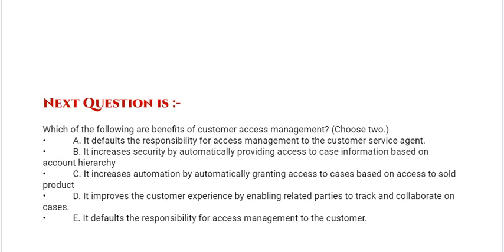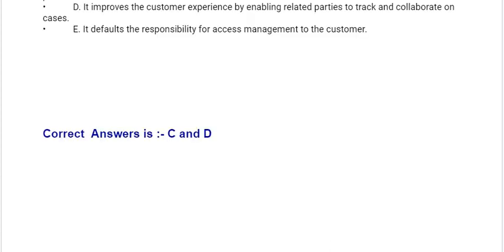Option C, it increases automation by automatically granting access to cases based on access to sold product. Option D, it improves the customer experience by enabling related parties to track and collaborate on cases. Option E, it defaults the responsibility for access management to the customer. Correct answer is option A and option C.